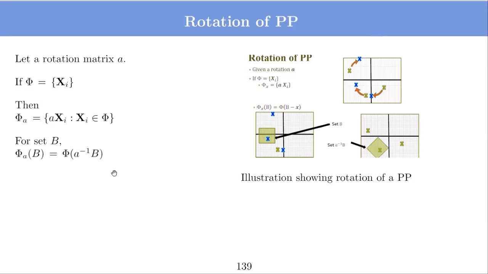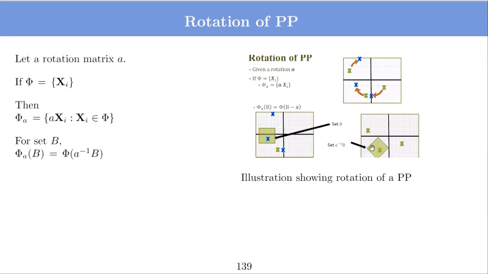If I want to ask what the measure notation will be, again, if this is some set and I want to look at how many points the new point process has in it, then I can rotate it back. I will get the original one. I will also rotate this rectangle back, and then I have to answer how many points this set has.